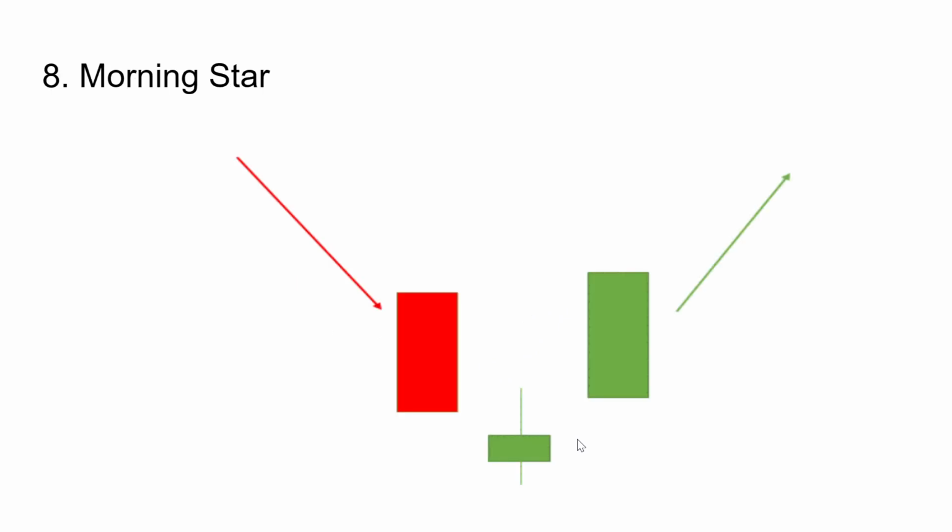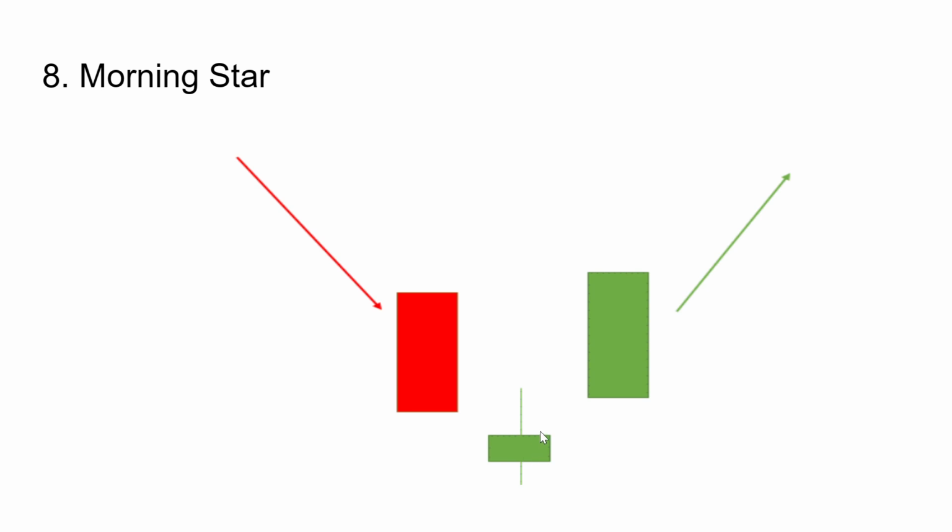Next is the morning star pattern. So in a downtrend, when you are having a red candle followed by a doji type of candle. Doji type of candle means small body and long wicks on both sides. And the doji indicates indecision in the market. Means the market cannot decide whether to go down or up.